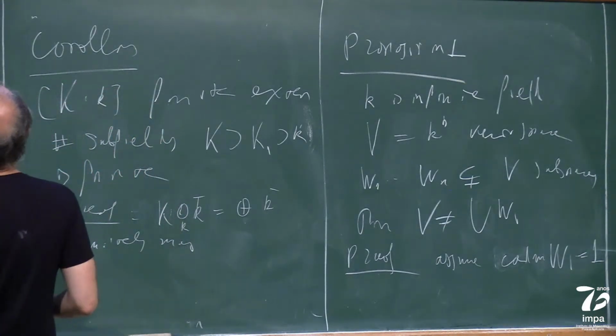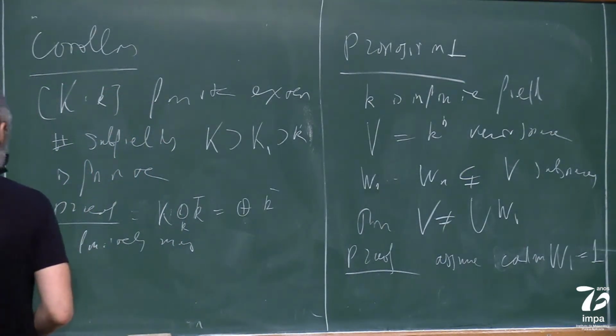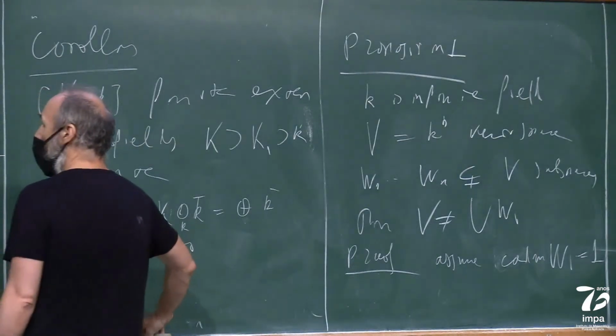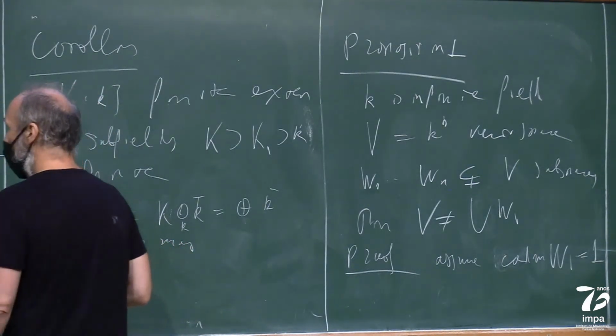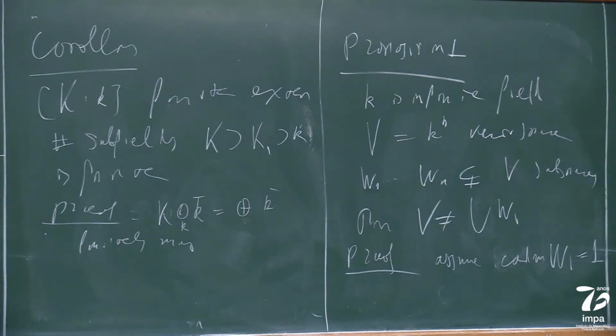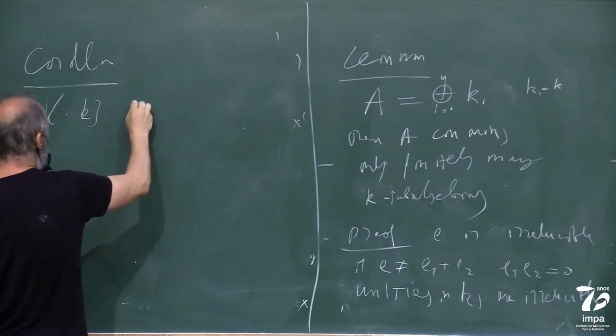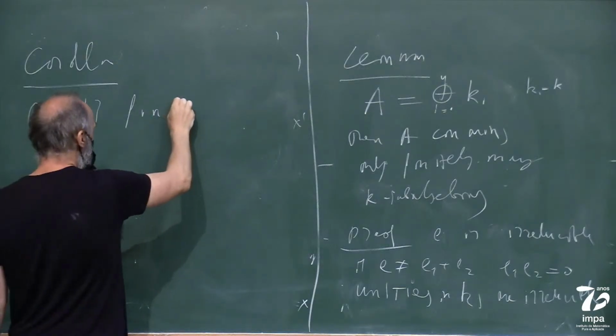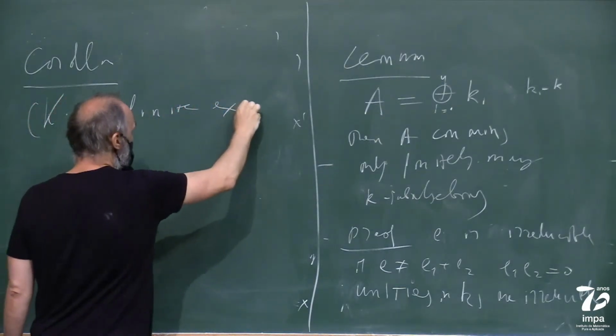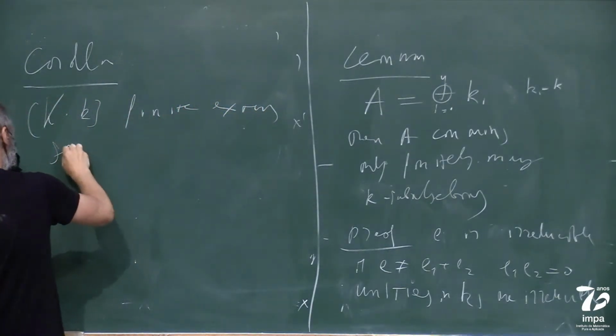And another corollary is the primitive element theorem. So corollary: K over K small is a finite, separable extension.